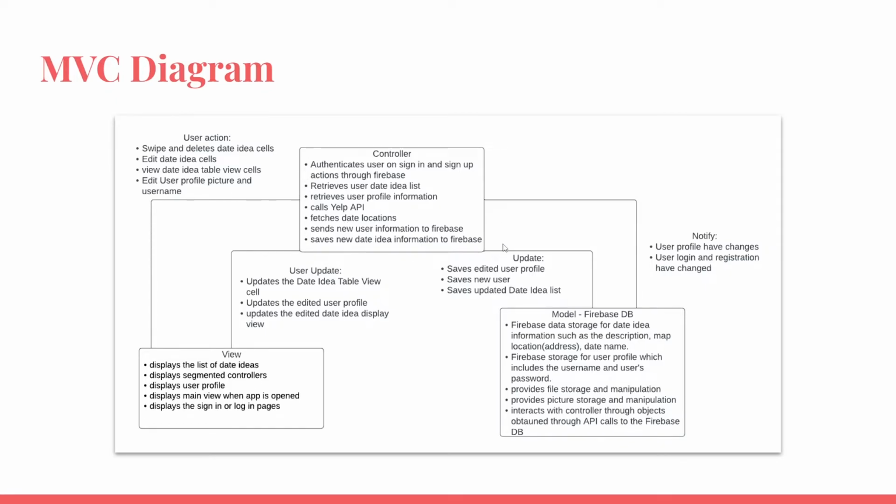So this would be a way of saving everyone's information into the Firebase database. Now we have the model, which is the Firebase database. This Firebase database storage stores the date ideas and user information.